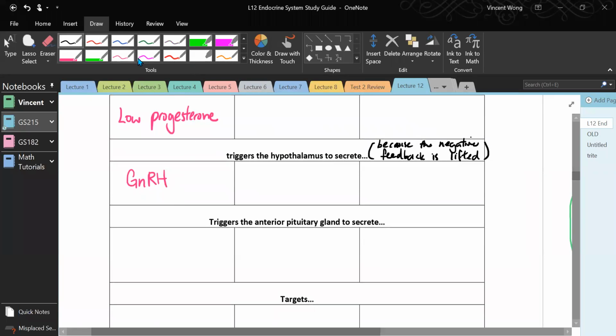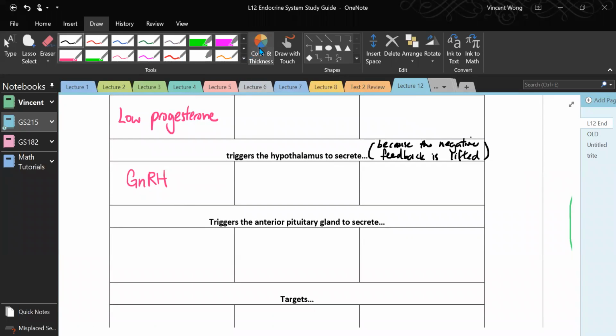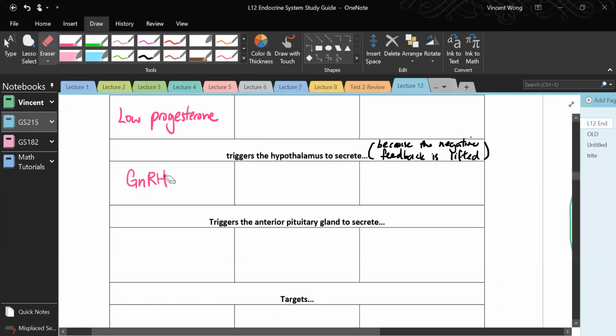And then what will happen is the GnRH triggers the anterior pituitary gland to secrete FSH and LH. Okay?